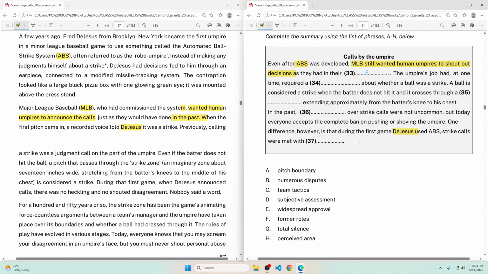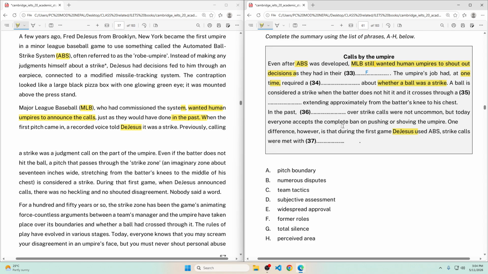The umpire's job at one time required a blank whether a ball was a strike. So they are looking at whether a ball was a strike. Okay.